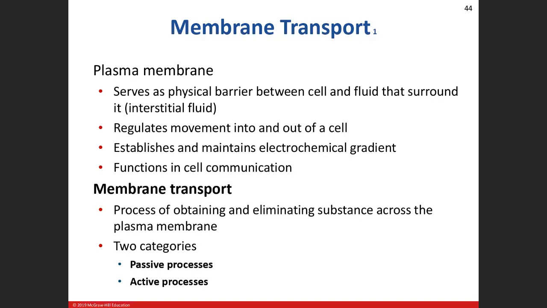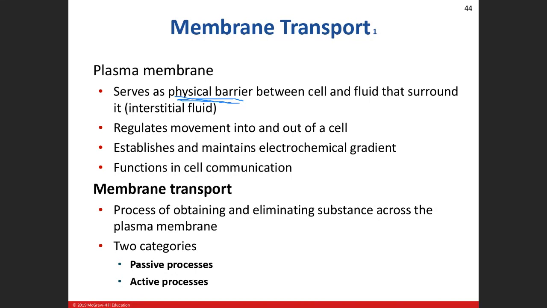Even the review video. So going back to what I said initially when we were talking about the plasma membrane, keep in mind it is a selective physical barrier. That means it'll let certain things in and out of the cell and prevent others from entering and leaving.